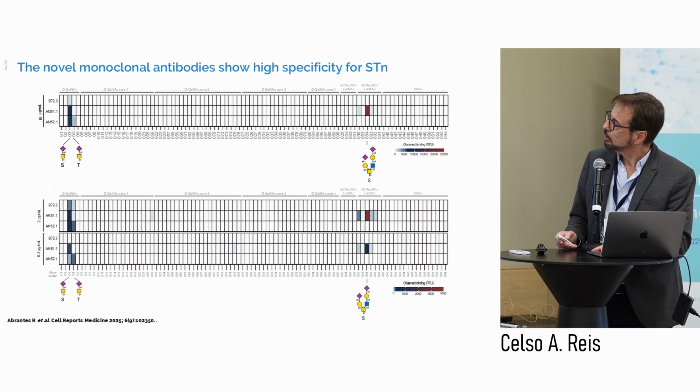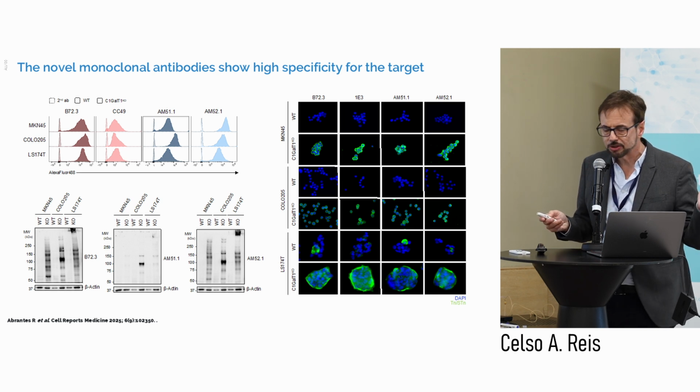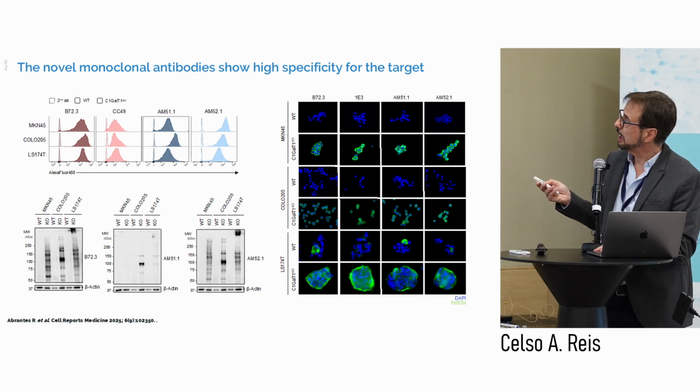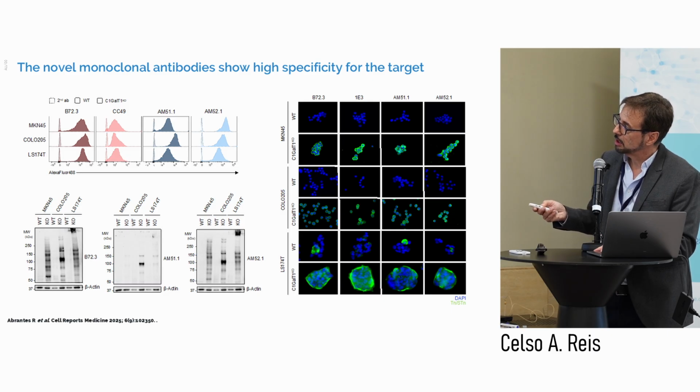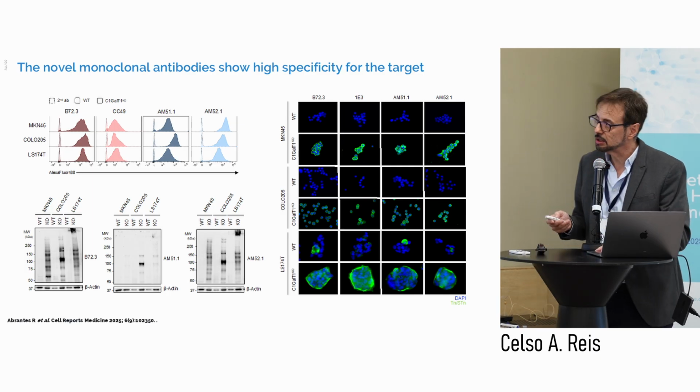So of course we use these clones to characterize first in cell line models, like cell lines that, some of them were engineered to display the antigen, others were naturally expressing the CLOTN antigen.